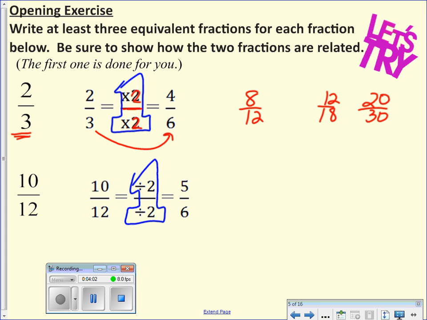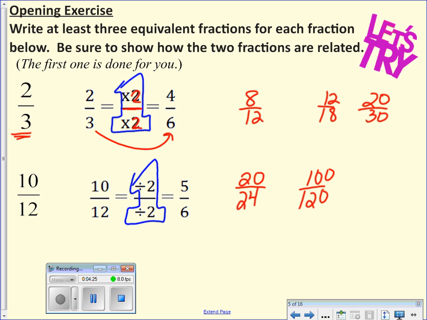So 10 times 2 is 20, 12 times 2 is 24. What else could we do? Want to do it by 10? 100 over 120. Okay? So a couple different equivalent fractions.